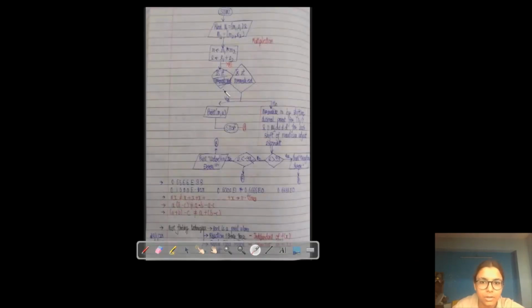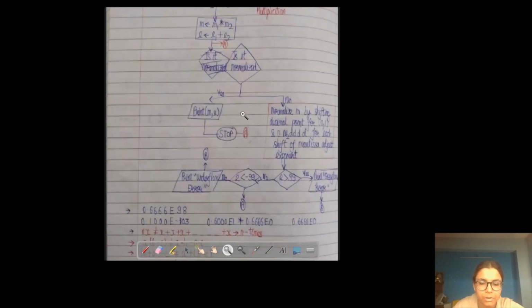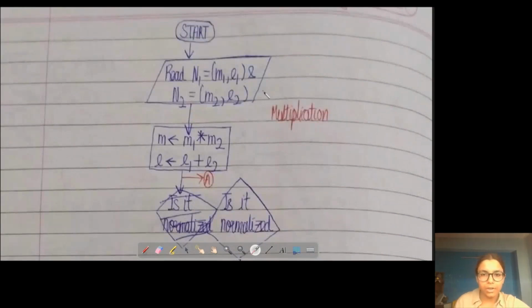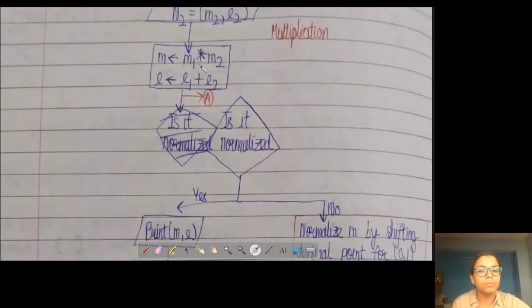For the next one, this is for the multiplication one. Let me just increase the size. And for multiplication again, we will just start and then read both the numbers. After reading both the numbers, we would just multiply both of them.